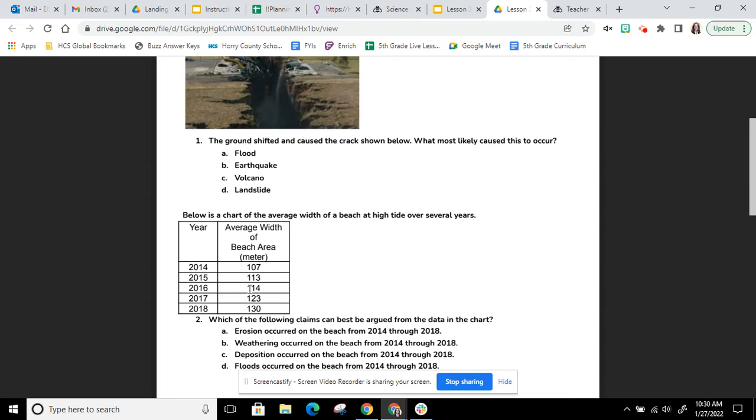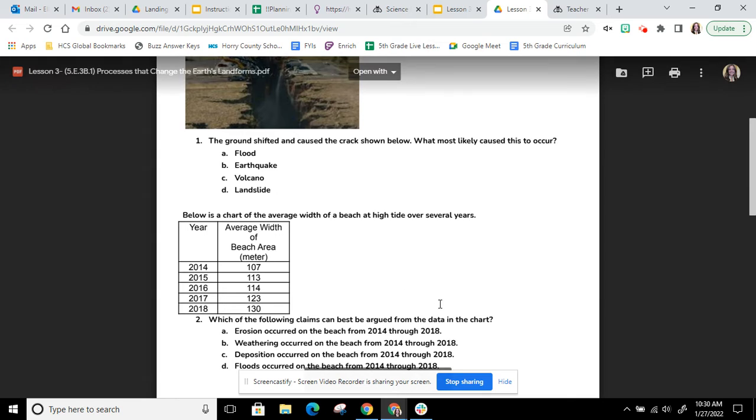Below here, you've got a chart of the average width of a beach at high tide over several years. So you can see as the years progress what happens to the width of the beach. And width is kind of like how deep the beach goes. Not how deep into the sand, like digging down into a hole, but how wide is the beach?